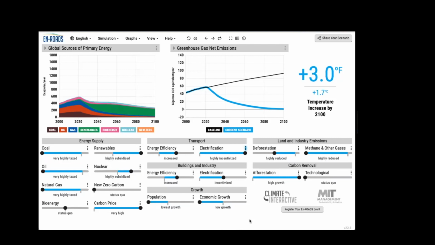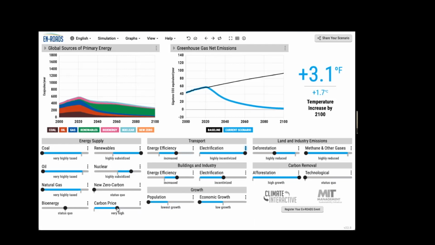So things we do have an impact, and also, which we may get into a little bit later, things that we can do in terms of trading, or that can be done to us, can force other countries, if they want to trade with us or we want to trade with them, to take actions to reduce their greenhouse gases, either through trading carbon credits or having a price on carbon.